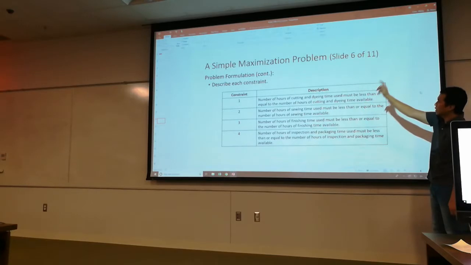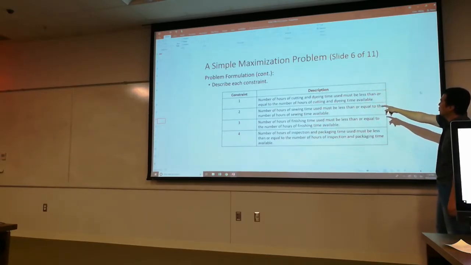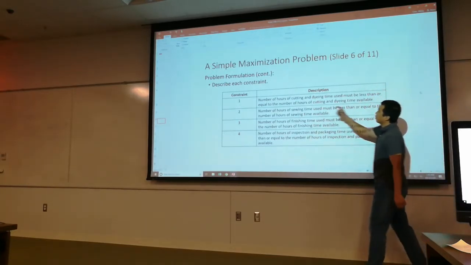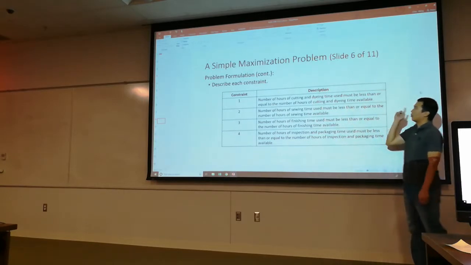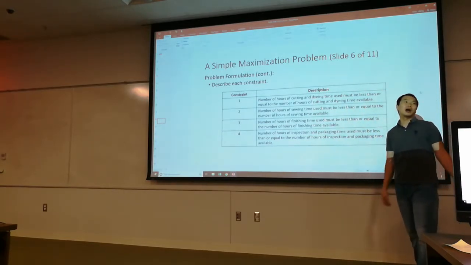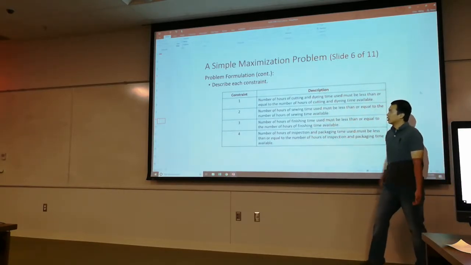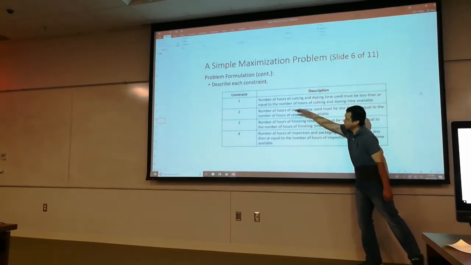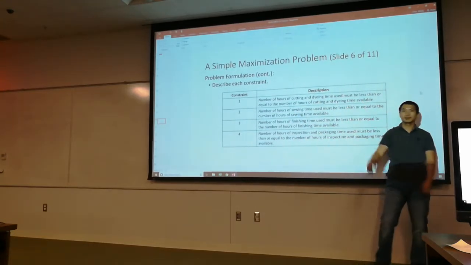So constraint 1, number of hours of cutting and dyeing time used must be less than or equal to the number of available hours for this process. So that's process 1, process 2, 3, and 4.